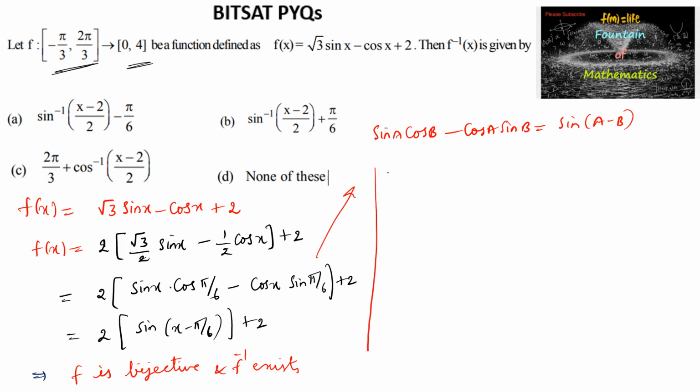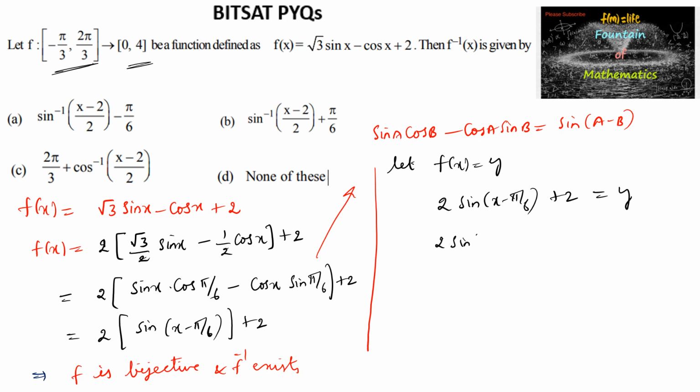So let f of x is equal to y, that is 2 times sine of x minus pi by 6 plus 2 is equal to y.